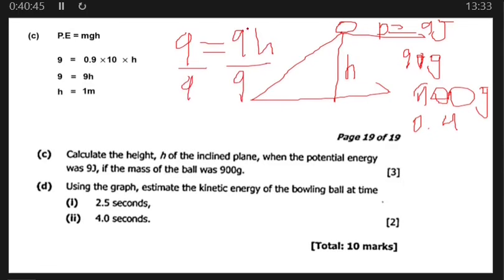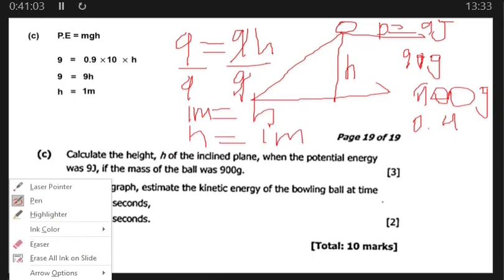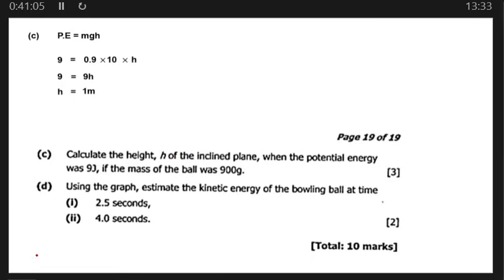So this 9 and 9 will go, so we have h equals here. Here we have 9 over 9, 1. So meters, because we are dealing in meters, h will be equal to 1 meter. That's how those values were found. All right, so this is our answer.